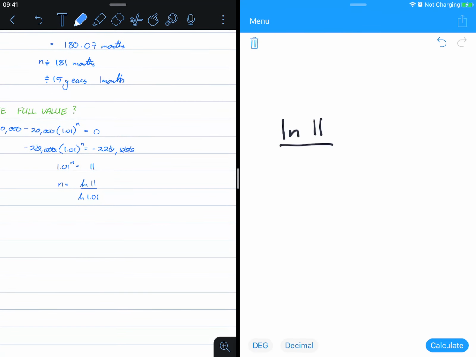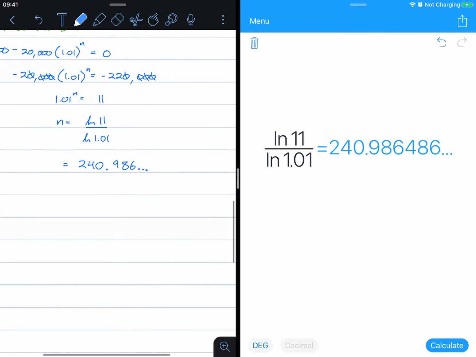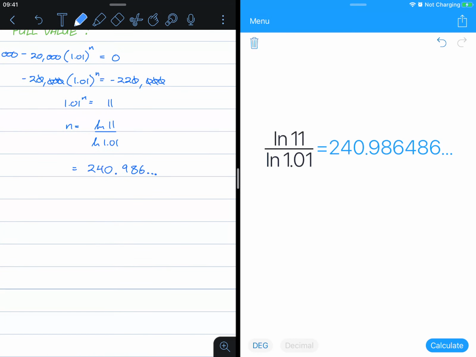ln 11 over ln 1.01. So this is equal to 240.986 months. This time, clearly we need to round up to the nearest whole because it's close enough, but again, because it's a series, we should only take whole values of n, although this could still be considered a valid answer because time, months, can take decimal place values.